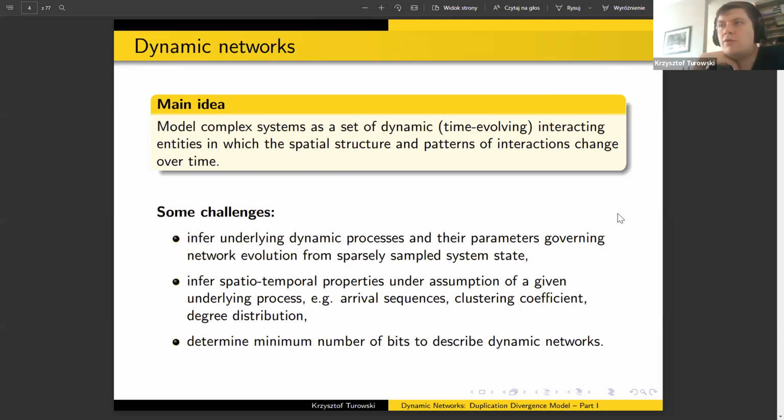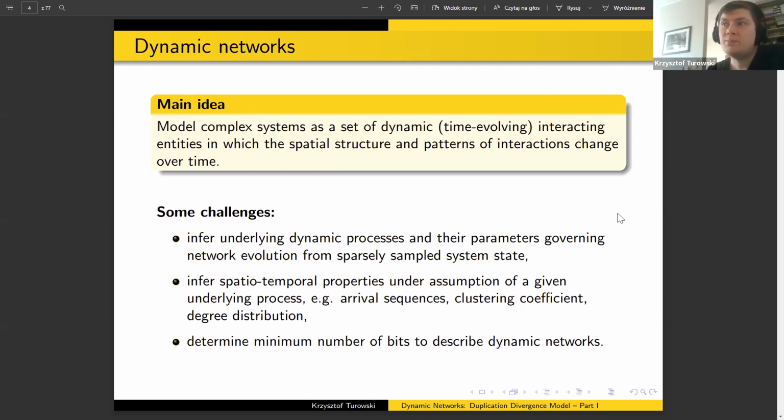Here I wrote sparsely sampled system state, because usually we do not have complete information, for example, about the evolution of the network. We have only certain snapshots describing our incomplete knowledge about the system.